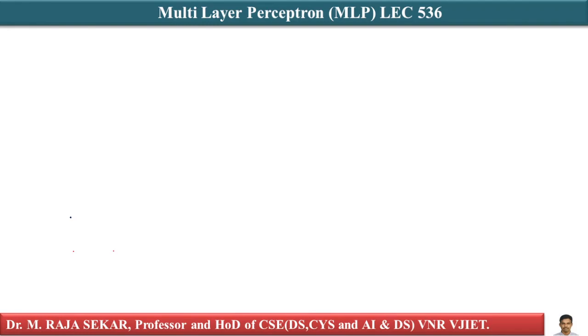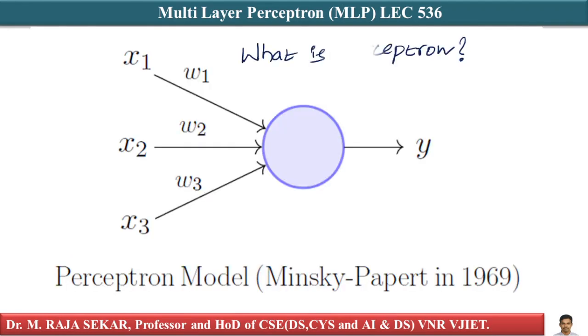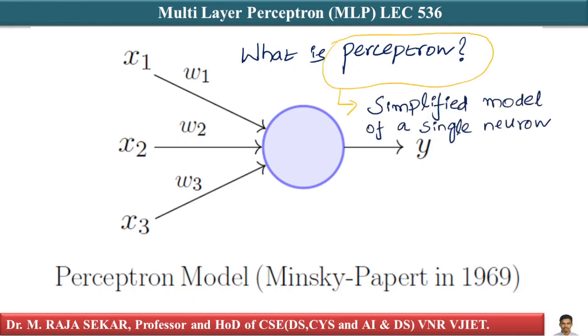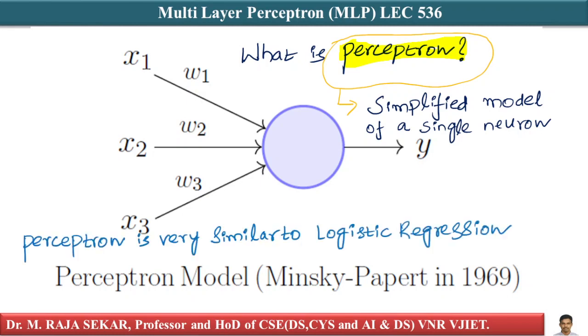In this lecture, we will try to understand multi-layer perceptron. Since we have seen what a perceptron is, a very simplified model of a single neuron, we know that the perceptron is very similar to and related to logistic regression.